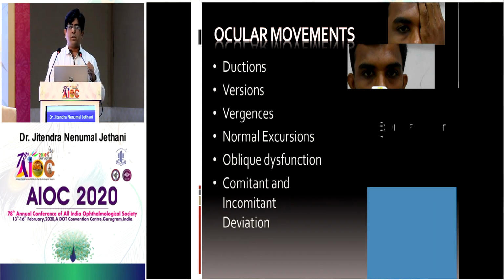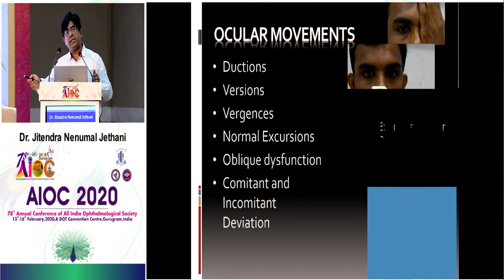So before going for surgery, you have to do certain more tests, and one of the most important tests is doing ocular movements. Ocular movements, we know when they are unilateral, are known as ductions. When they are conjugate, on the same side, they are versions, and when they are disconjugate movements, they are vergences, which is convergence and divergence. So versions means dextroversion, levoversion. When you move both the eyes towards the left side, it is levoversion.